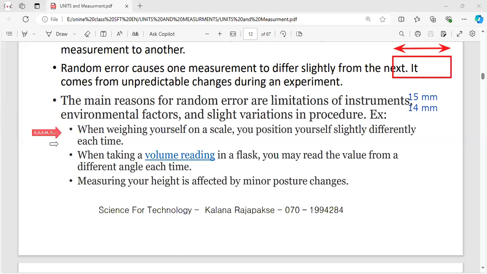When weighing yourself on a scale, you position yourself slightly differently each time. That is slight variation in procedure. Second, when taking a volume reading in a flask, you may read the value from a different angle each time. It is something like this, right?